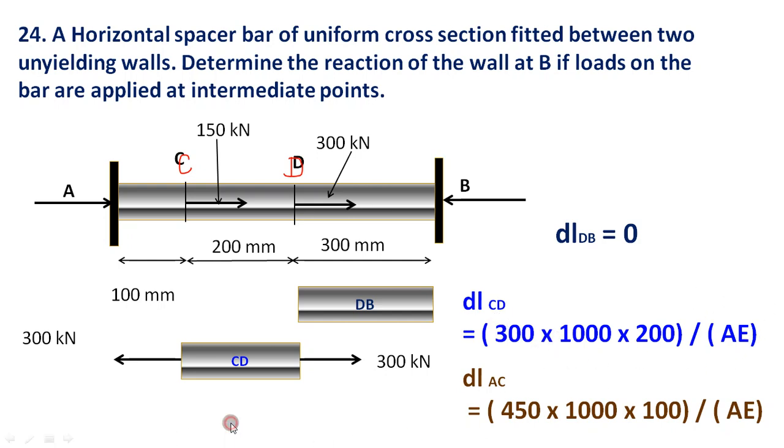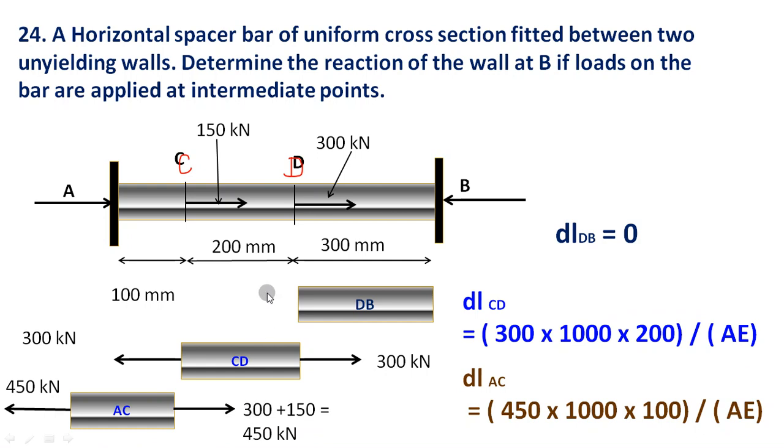And for the change in length of AC, it is 300 plus 150, 450 kilonewton, all applied over here, and the change in length in AC is given by the expression. It is also going for elongation, and this is also going for elongation. Now we will apply the support, and the support will definitely be offering a reaction like this.